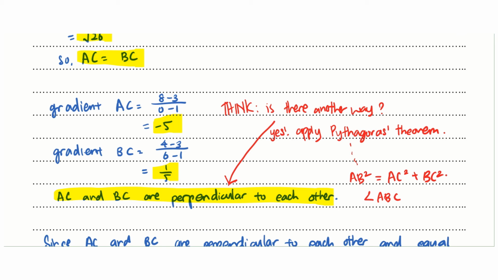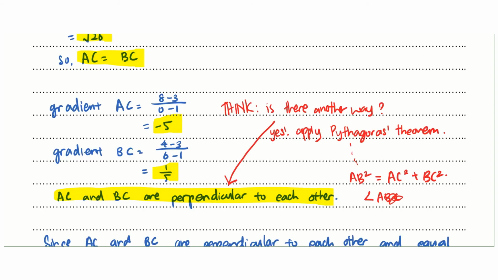Sorry, give me a minute to get my eraser going, and it's now hanging again. Oops, a doodle happened. So angle ACB is equal to 90 degrees.